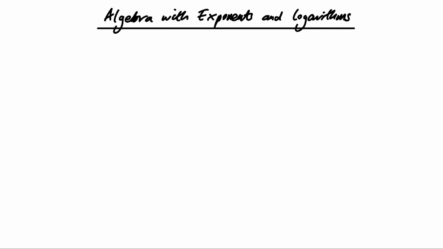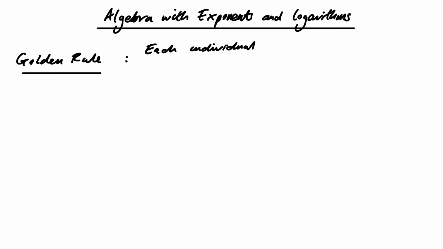So the golden rule of everything you do, really, is the following. When you're doing a succession of steps, you want to make sure each one is simple, right? So each individual step, an equality or an implication, should be a property of algebraic operations.